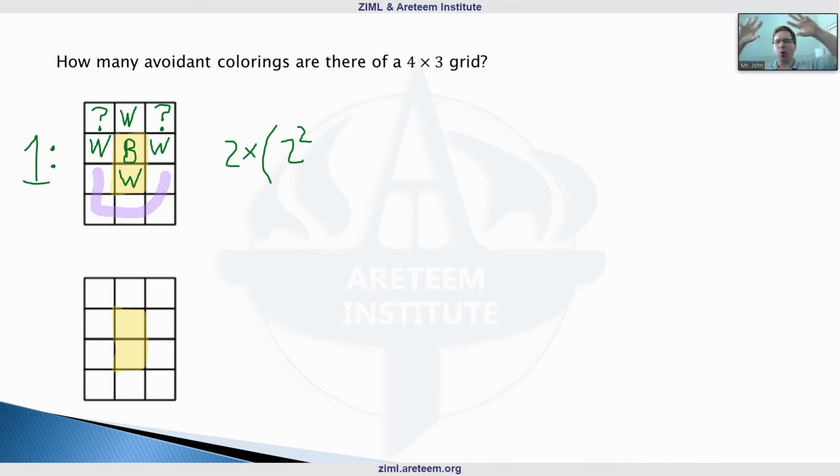But we can fold this down. This is basically arranging these 5 squares in a line. So I want to write it here as times L5. Let me define what I mean by L. If we have L of n, this is going to be the number of ways for n squares in a line.